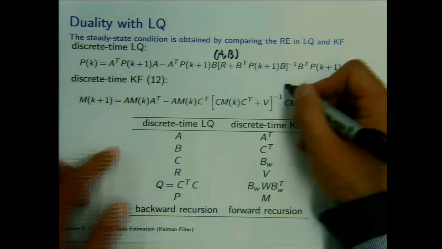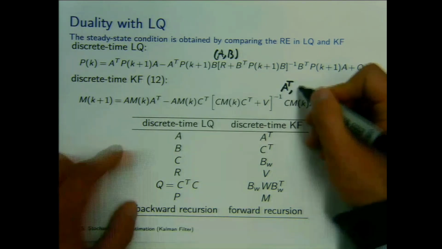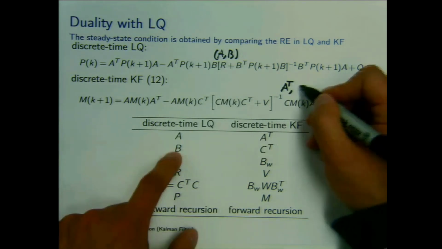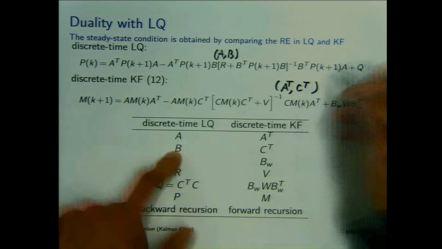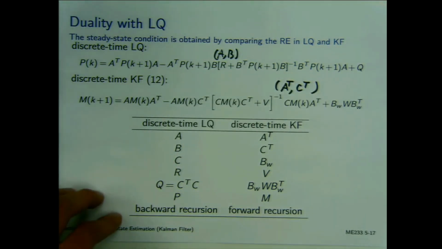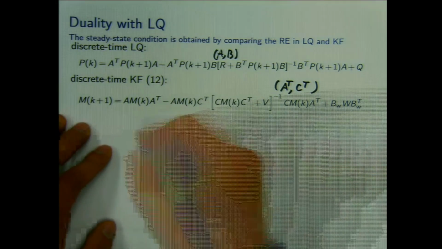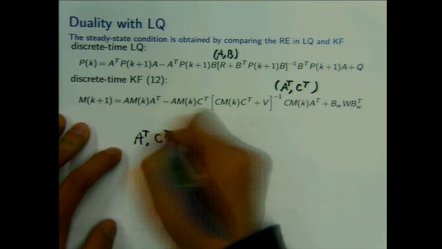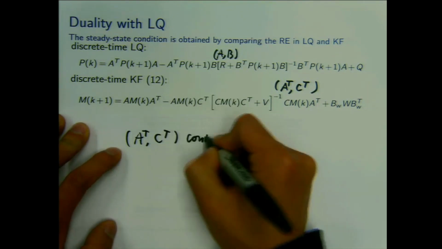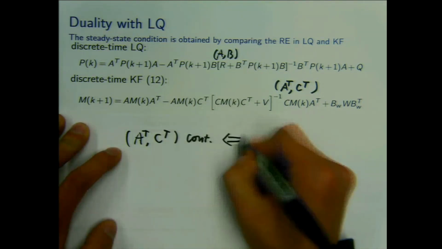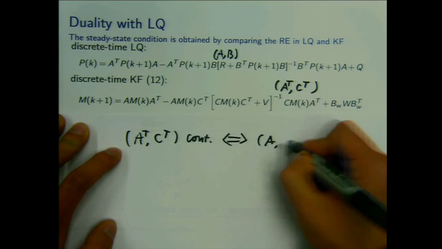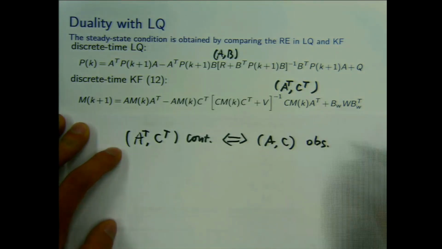You're going too fast. It's going to be A transpose. So A transpose, then C transpose has to be controllable, right? This is the minor thing I want you to notice: A transpose, C transpose controllable is the same as saying A, C observable.